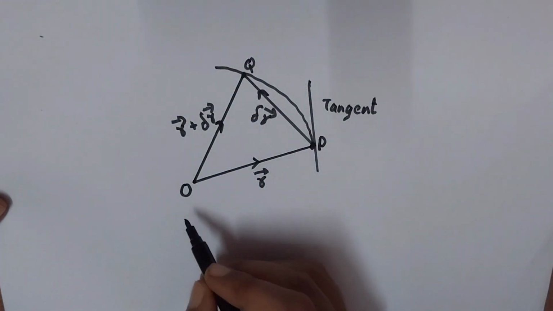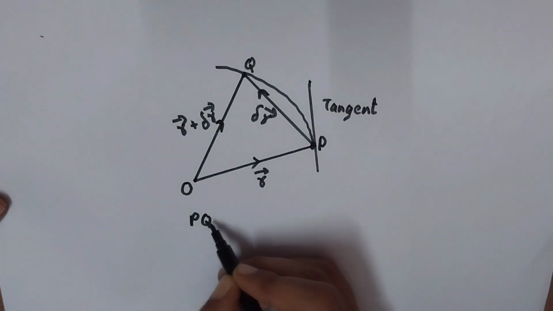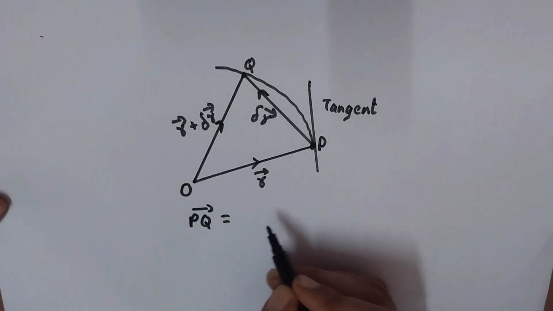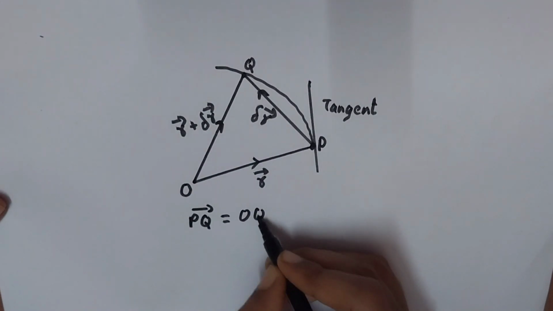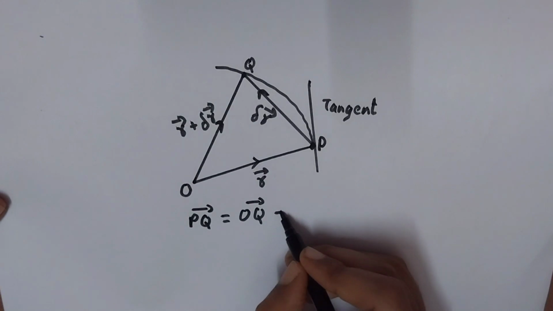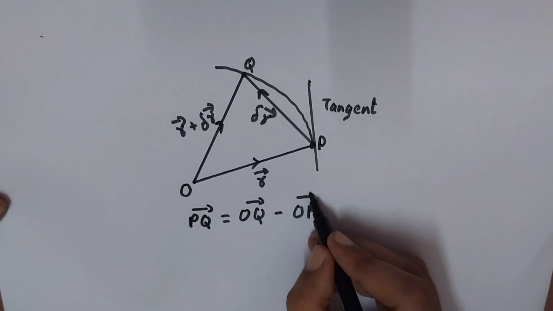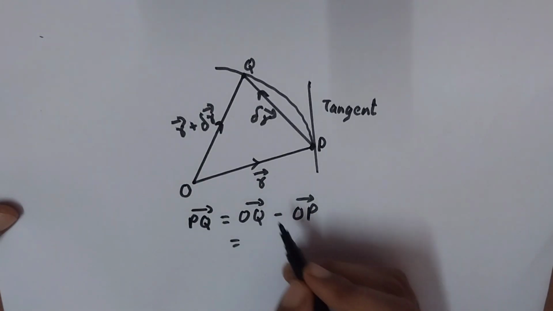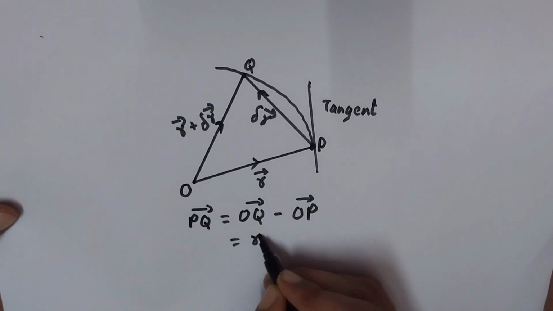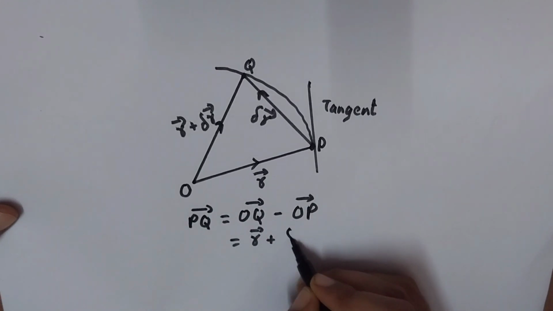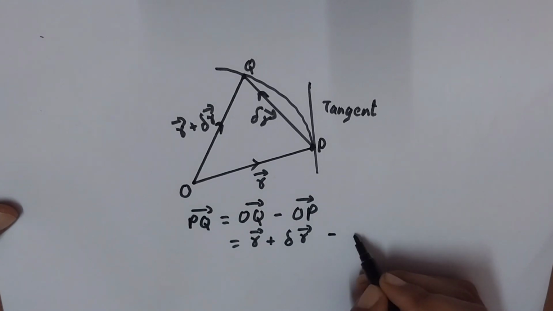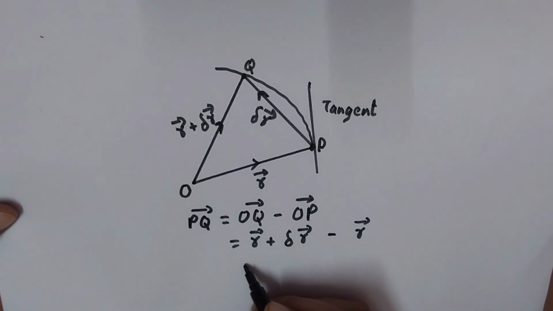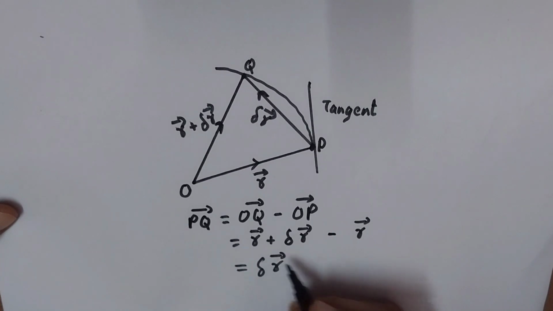Now PQ vector is OQ vector minus OP vector. What is OQ vector? OQ vector is r vector plus delta r vector, and OP vector is r vector. So PQ vector is delta r vector.